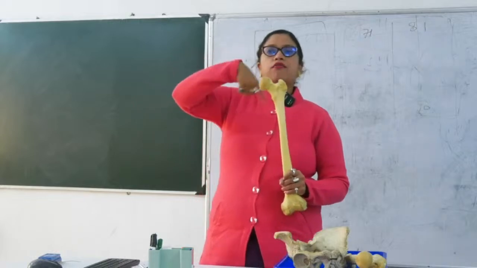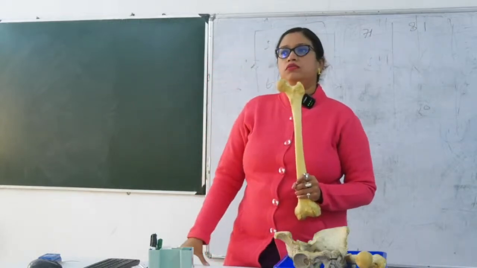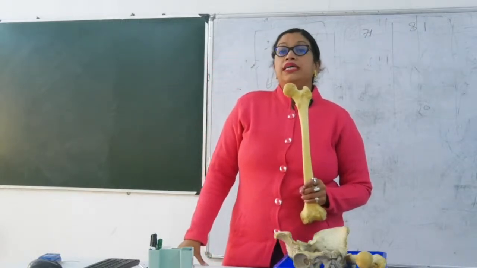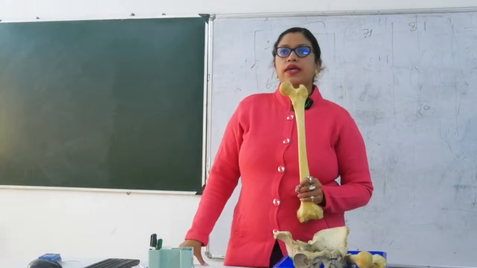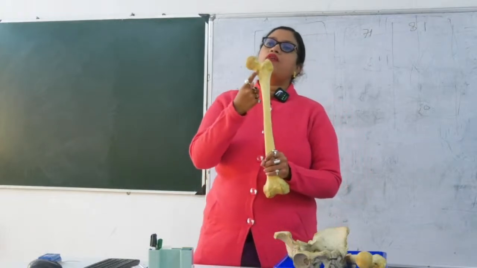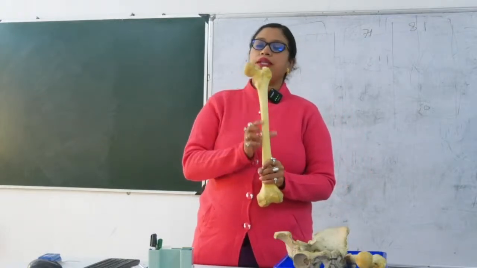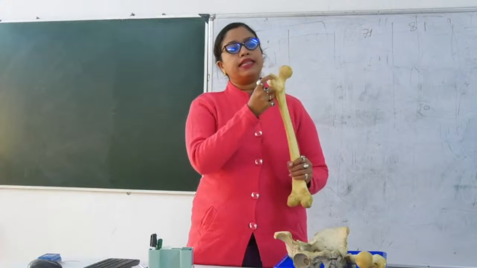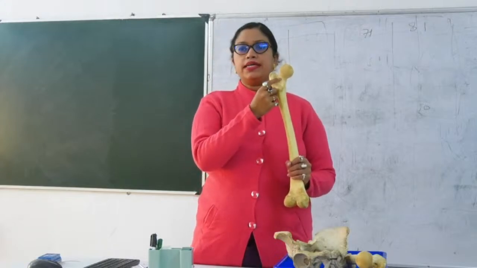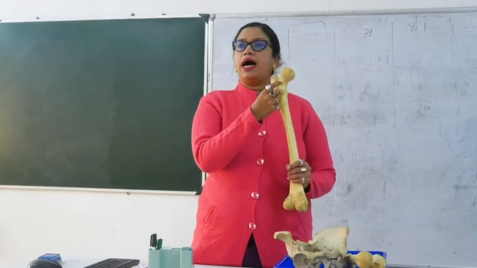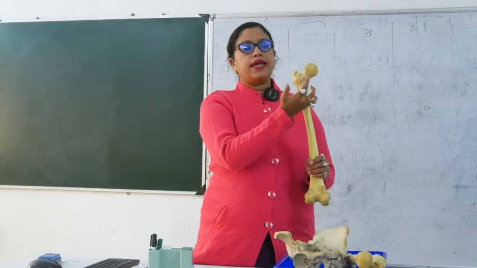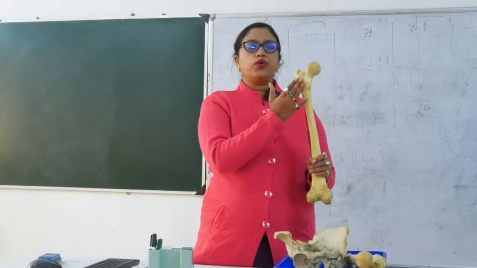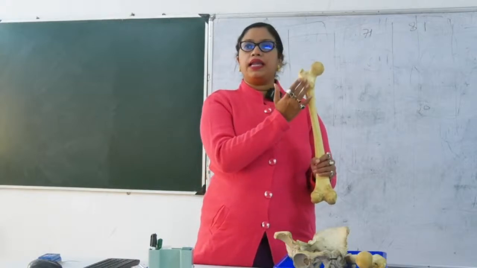So what is the peculiarity of the capsule of the hip joint? Is it complete or deficient? Complete means is it forming a full ring or not? It is incomplete. Anteriorly it covers the whole area of the neck. Posteriorly, the posterior surface is divided into medial half and lateral half.